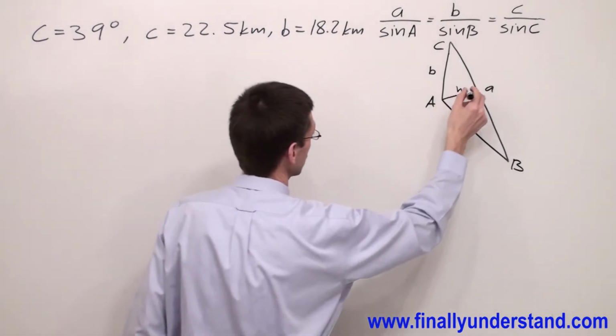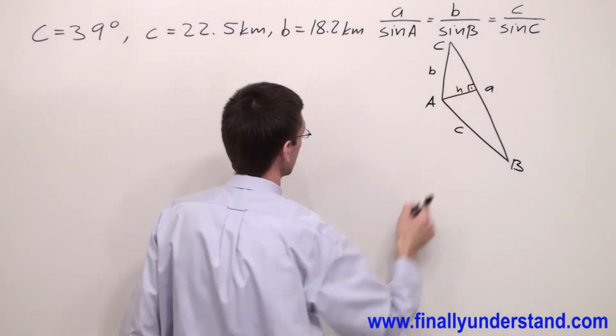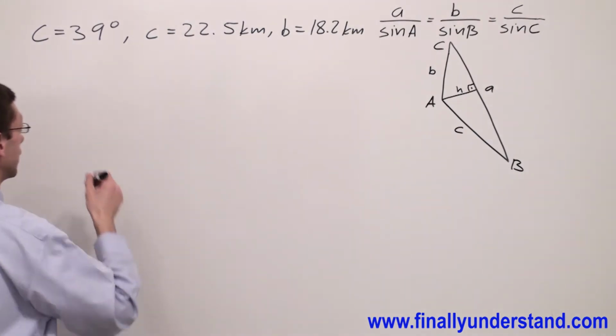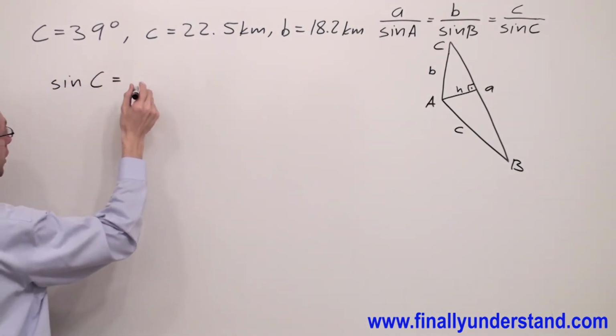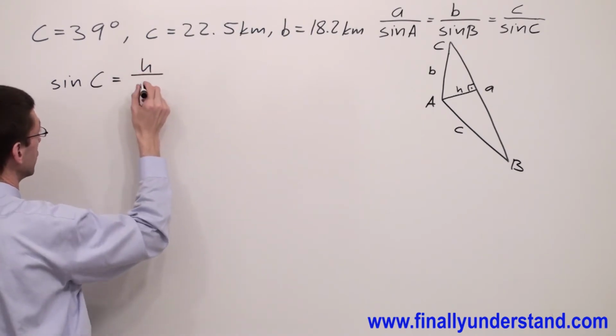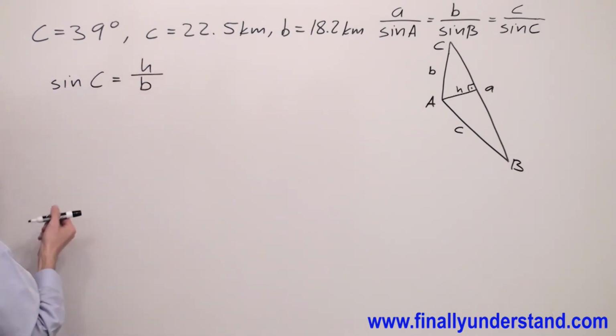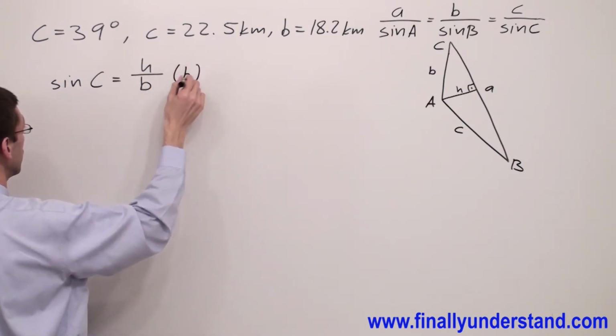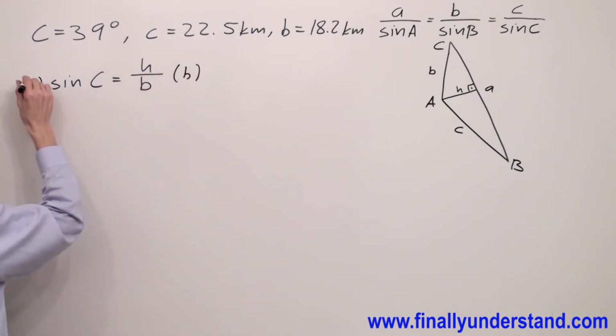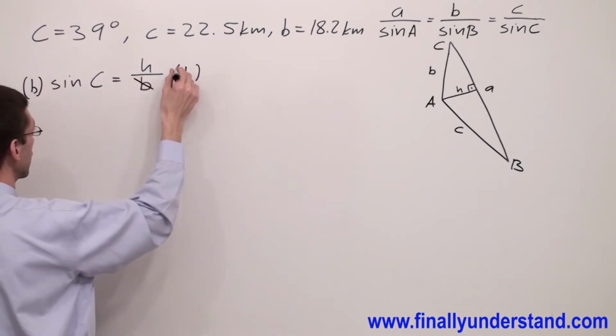Don't forget that this is a right triangle. So I have sine of angle C equals H over B. In order to find H, I have to multiply both sides of my formula by B because I want to eliminate the fraction.